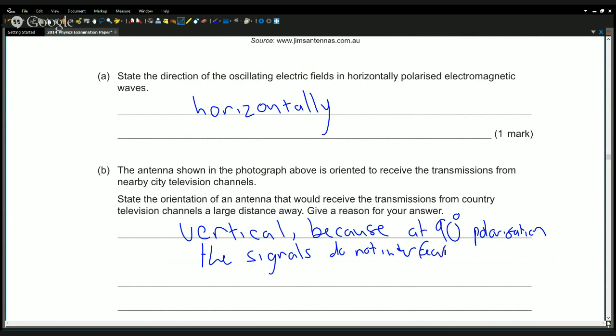Because there's no component of the waves which increase or decrease electric fields if they're at right angles to each other.